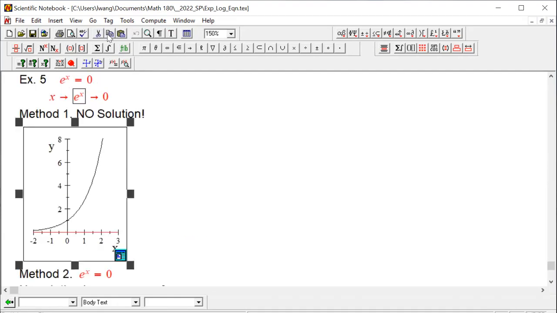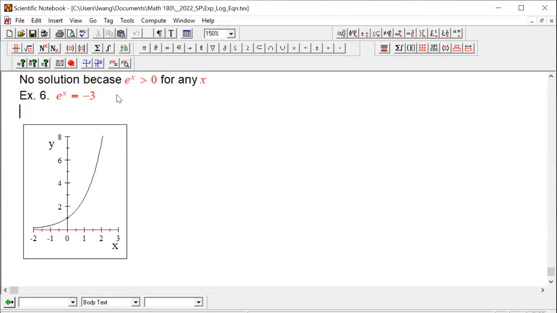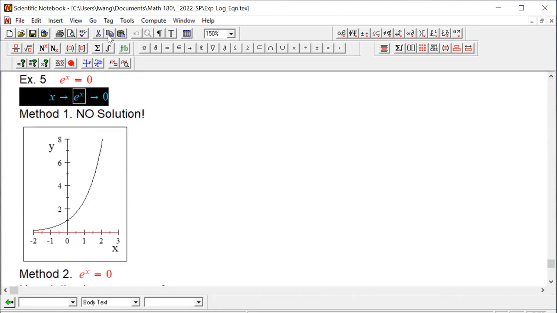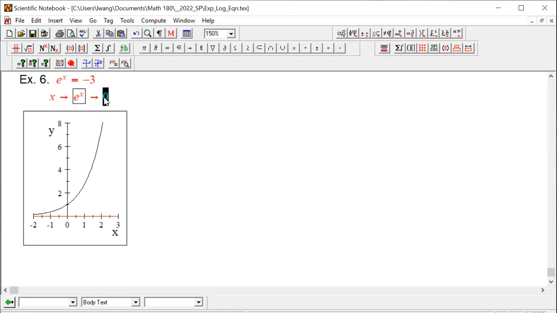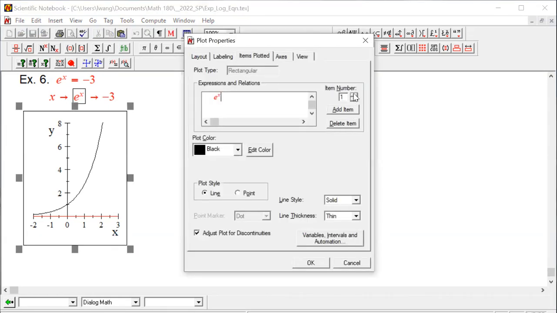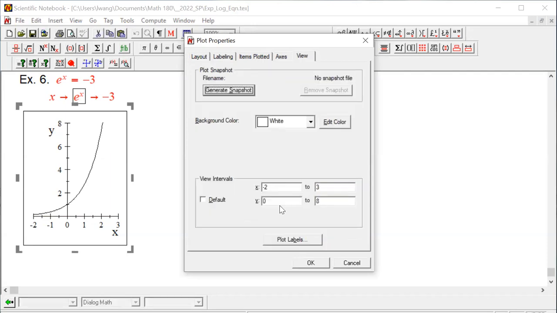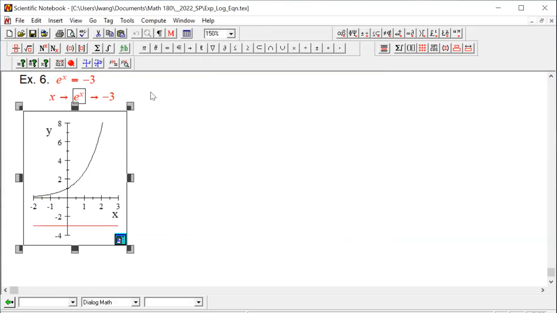If we draw the same picture, what will the horizontal line be? From the function perspective, the output is now -3, so the horizontal line should be -3, isn't it? It doesn't show because I didn't include that part in the graph. No touch, no solution.